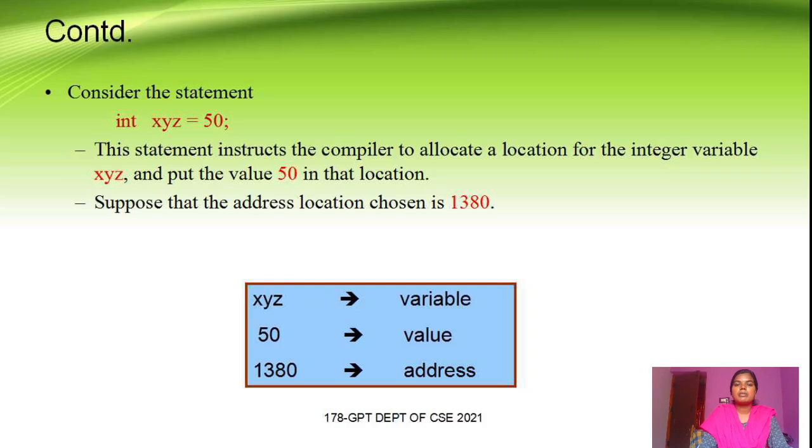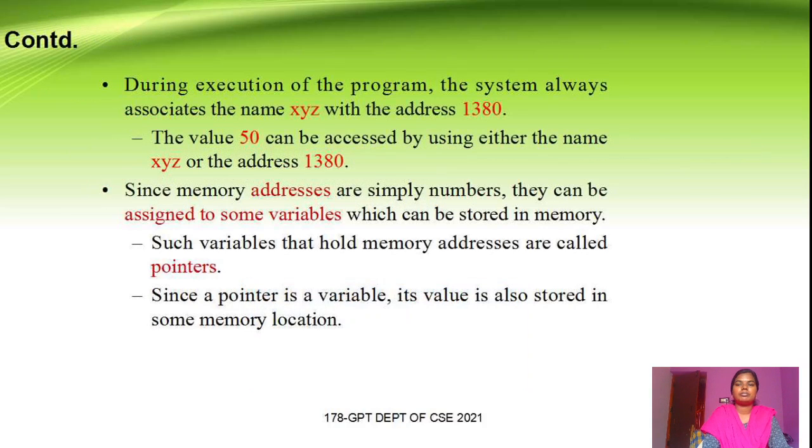You can see in this table that xyz is the variable, 50 is the value, and 1380 is the address. During the execution of the program, the system always associates the name xyz with the address 1380. That means the variable xyz is stored at the address 1380 and the value 50 is copied to that address location.